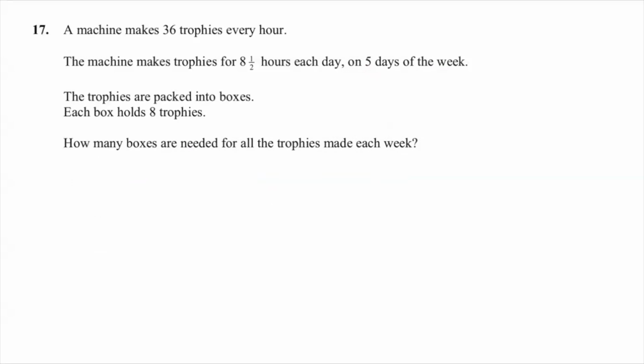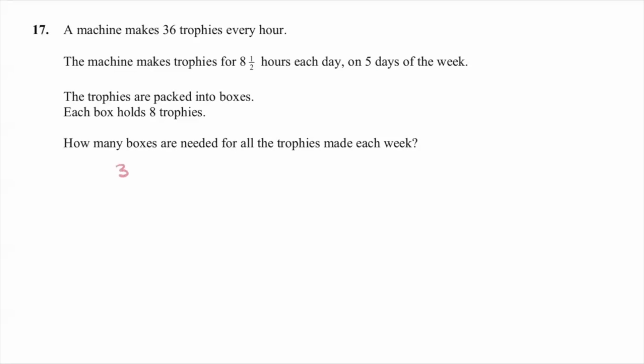Okay, so we are being told that a machine makes 36 trophies every hour. That machine is going to make trophies for 8.5 hours each day on 5 days of the week. And then all these trophies are going to get packed into boxes. Well, before we can worry about how many boxes are needed, we're going to need to see how many trophies the machine makes.